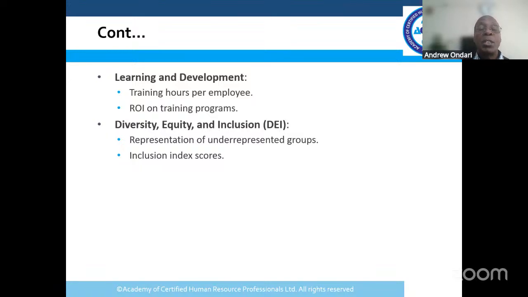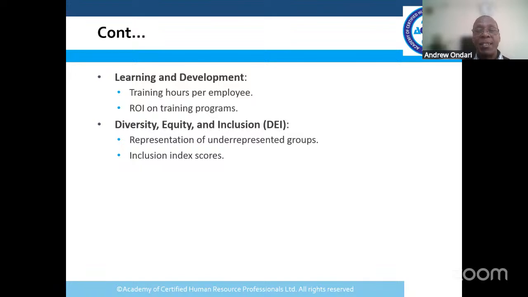So talking of duration, we talk of different employees attending different trainings. So if you want to get the average time taken, you look at the total number of hours for all the employees who have been trained. You divide that by the total number of employees.